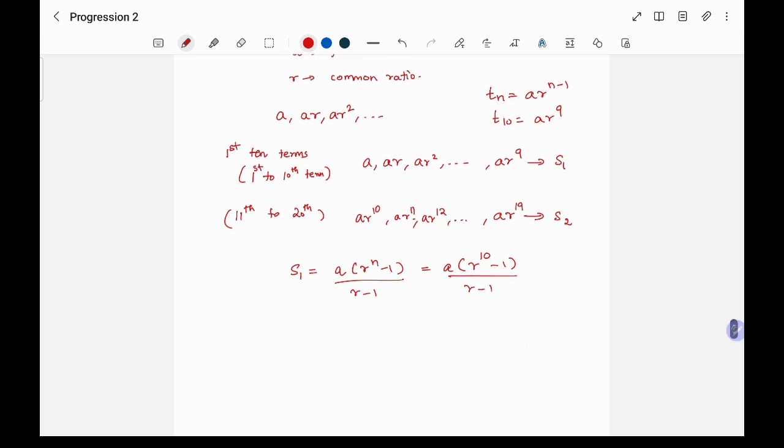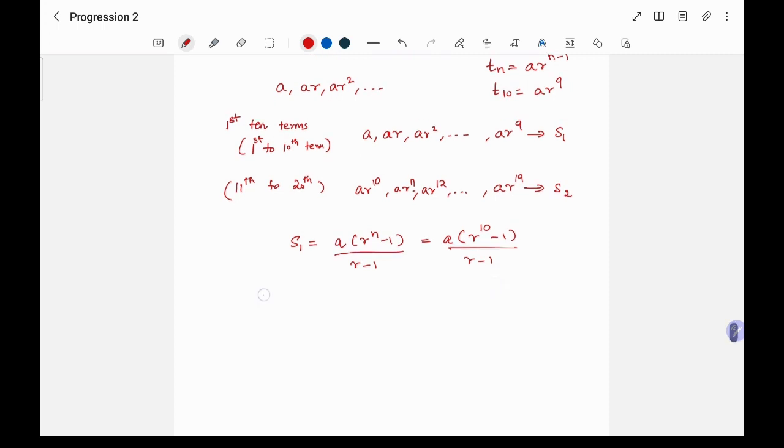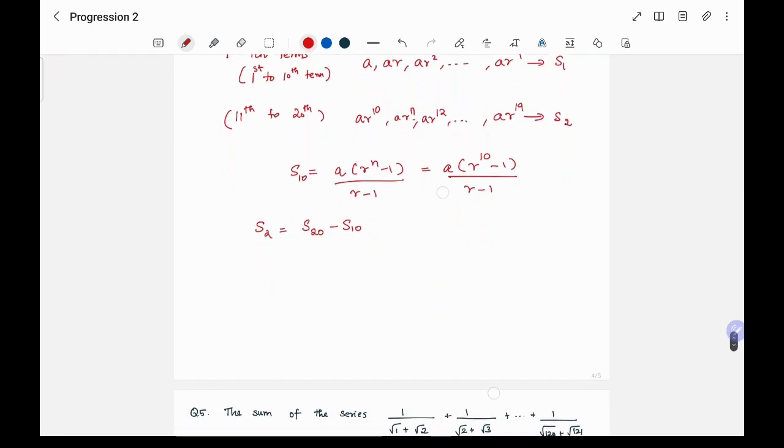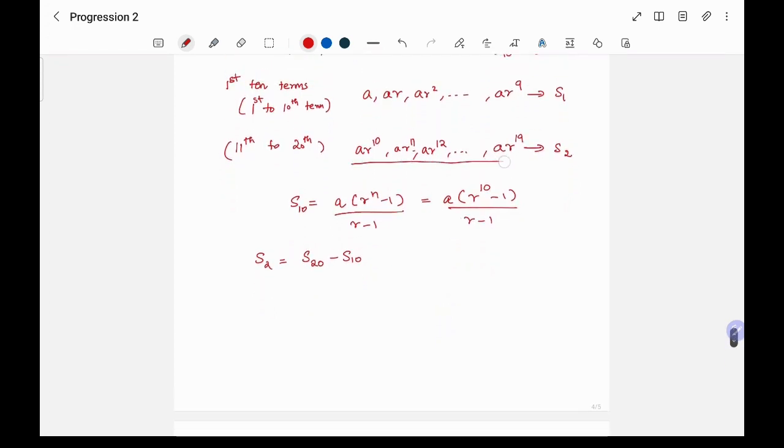Okay. And how do we find the sum of the next 10 terms? I'll represent it as S dash. It is given as S2. So one thing we can do is take the sum of the first 20 and subtract the first 10 from it. This is one way. Or the other way, if you see these terms themselves, the first term is AR power 10 and the common ratio is R everywhere.